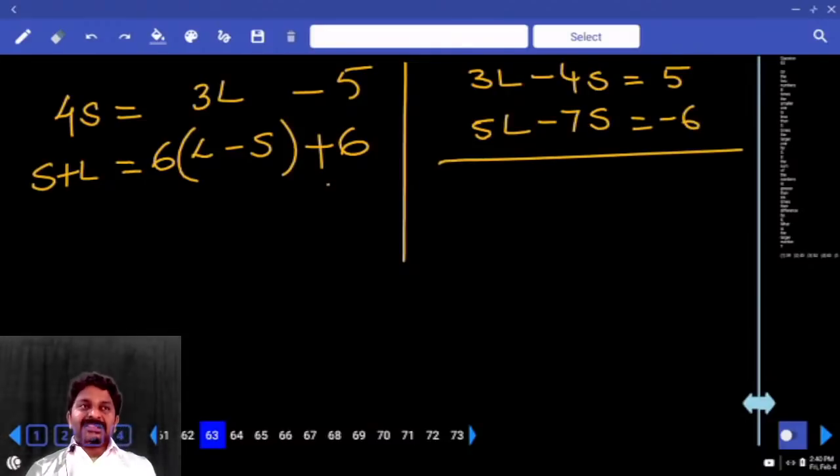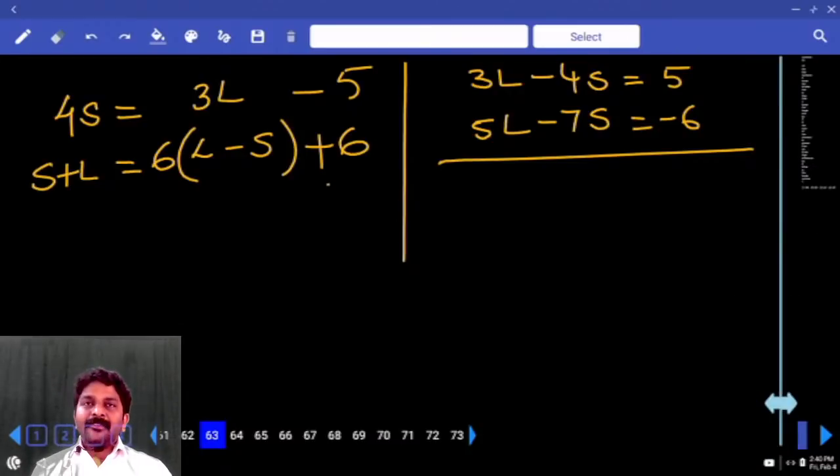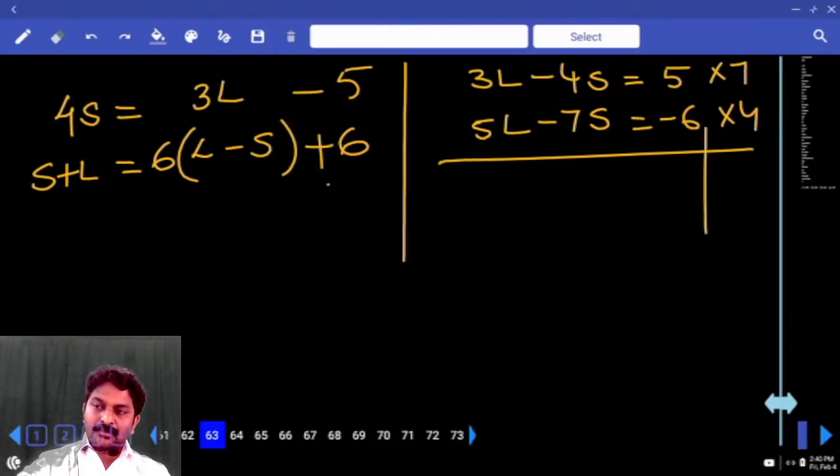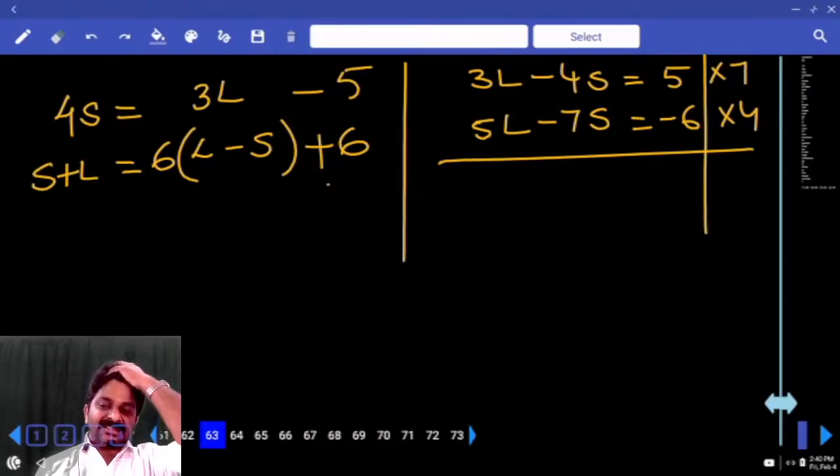We want to calculate the largest number. That means we need to cancel the smallest one, right? First equation, what number do we have for the smallest number? And in the second equation, multiply the first equation with 7, the second equation with 4. 7 times 3 is 21L, 5L into 4 is 20L.